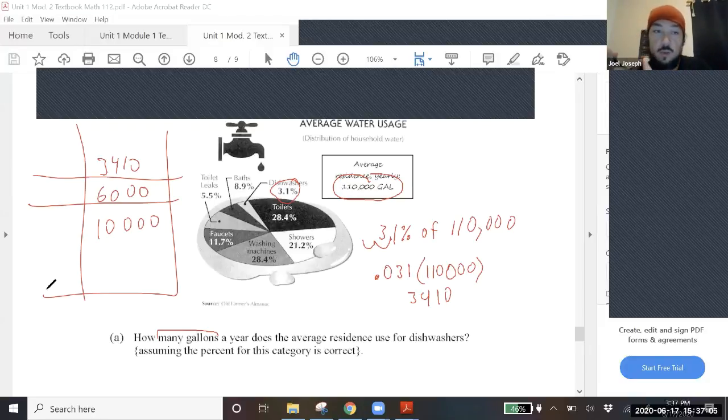So you're either going to work with, do you get what I'm trying to say? Depending how the chart's given, you might have to do the other one. In this case, we have percentages, and they want us to figure out the number. Is that clear or confusing? It's okay? All right.